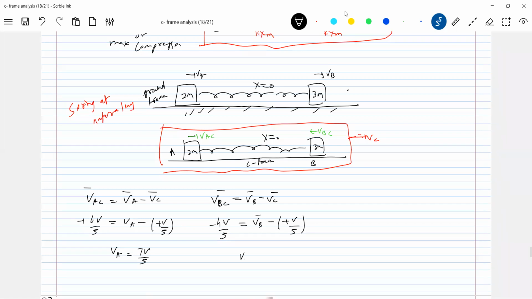So what velocity of VB am I getting? Minus 3V by 5. So when it attains natural length again, what is the state of block B? Block B has velocity towards left. We assumed it towards right. I think a diagram correction is needed, no? Block B will be moving towards left.